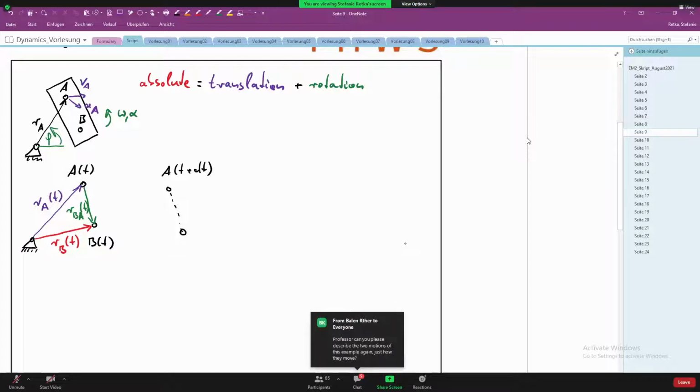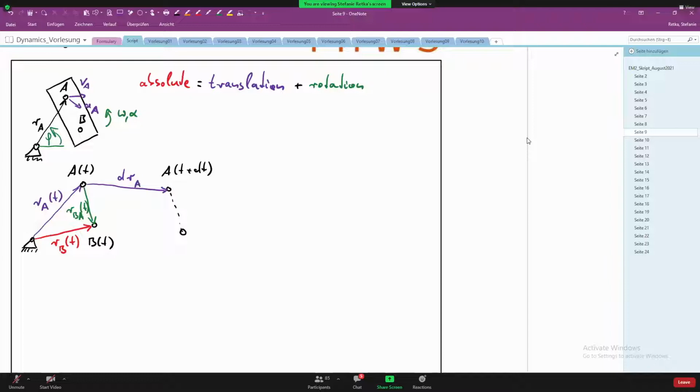So this is the distance point A has traveled, dR_A, the change of position of point A. Right now I'm describing the motion of these two points. Imagine that they are on the same object as drawn above, and now they move over here along this purple line. That's the first part of the motion.